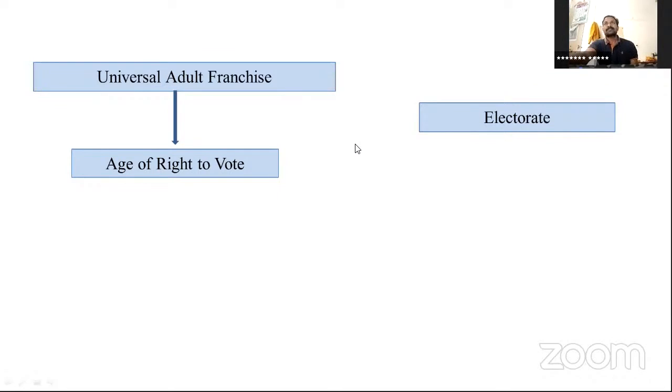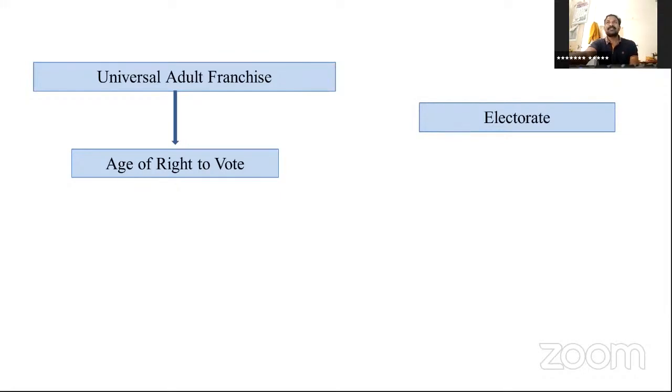In the starting, when the first general election in India was held in 1952, the age for the right to vote was 21 years. Those who had completed 21 years of age were eligible to vote only.